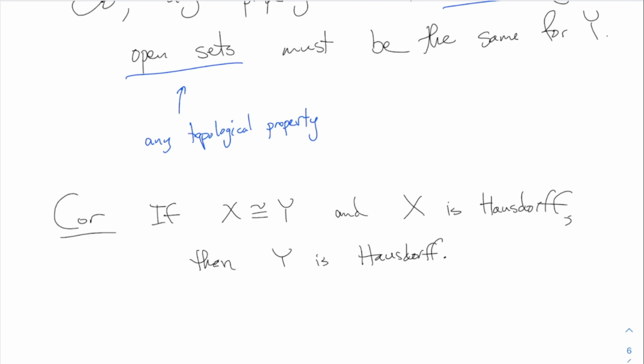So this actually is a more common way to show that things are not homeomorphic, by somehow demonstrating they have some different topological properties.